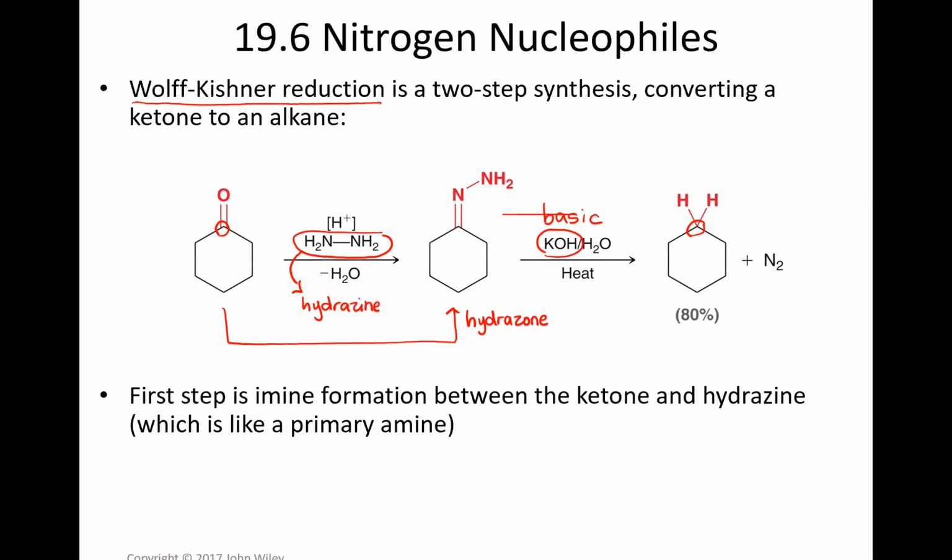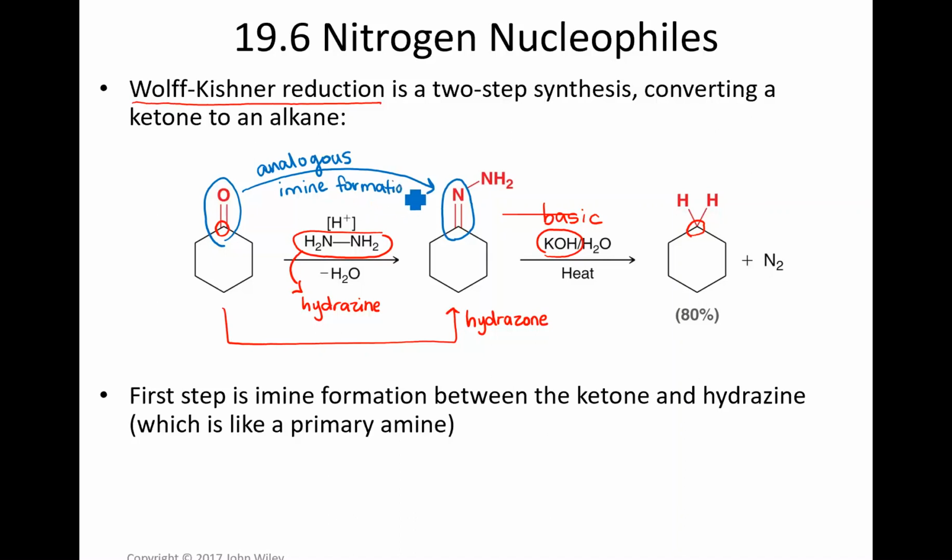But if you notice, the reaction is really just conversion of this carbonyl, or the C=O double bond, to a carbon-nitrogen double bond. So it's sort of analogous to the formation of an imine from a carbonyl. And the mechanism is the exact same.